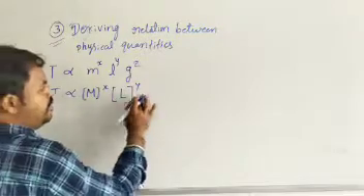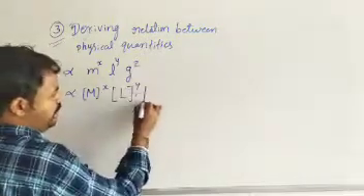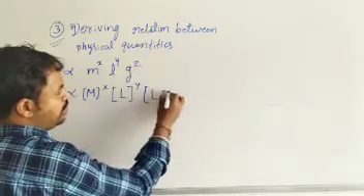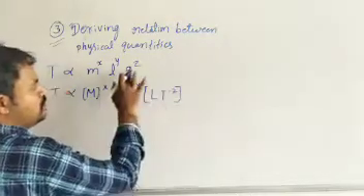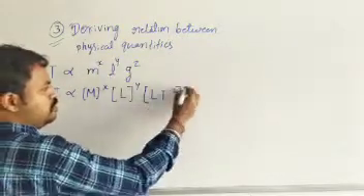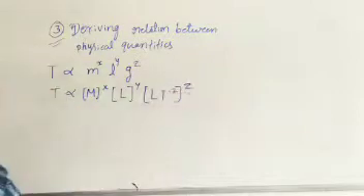And for the acceleration due to gravity, what is the dimension formula? LT minus 2. So g power z is LT minus 2 whole power z.